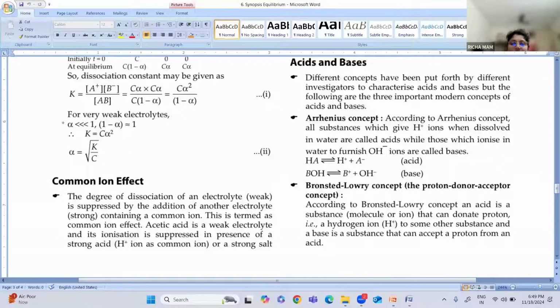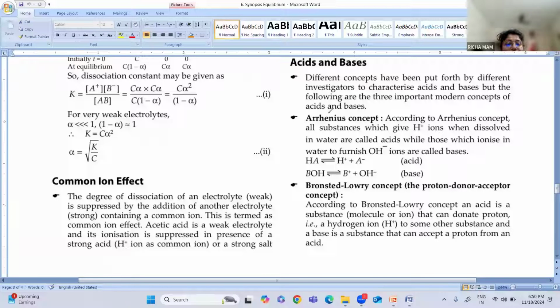So what is the Arrhenius concept? According to Arrhenius, the definition of acid: all substances which give H+ ions when dissolved in water are called acids, while those which ionize in water to furnish OH- ions are called bases.